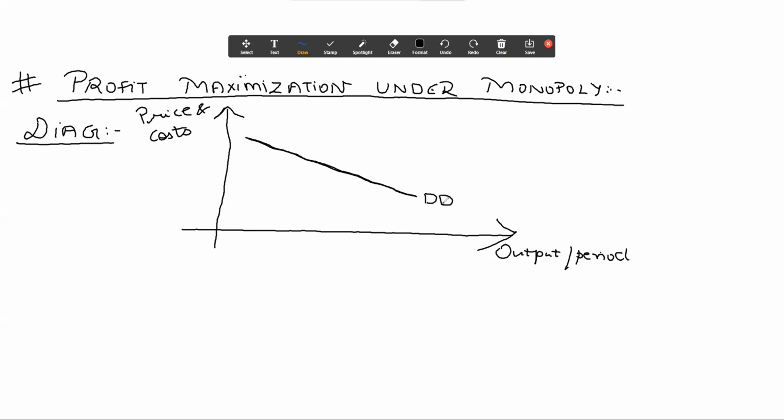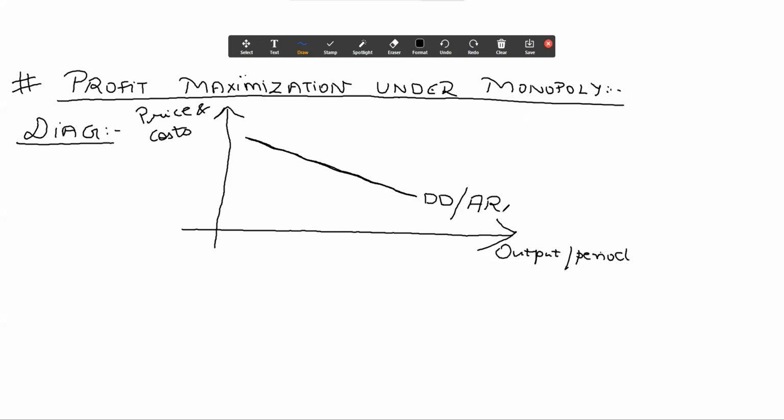Why? Because the monopolist will be able to sell more output only at a lower price. So the demand curve facing the monopolist is downward sloping, and the demand curve facing the monopolist is also called the average revenue curve. The demand curve facing the monopolist is also called the AR curve.